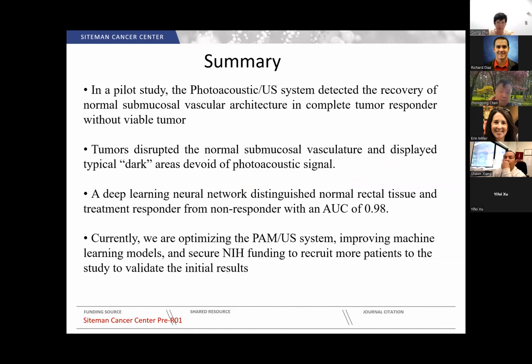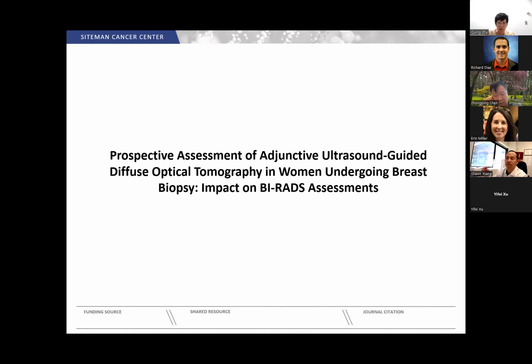So basically, we are very excited that this new tool, photoacoustic combined with ultrasound and neural net, will be able to provide a real-time assessment tool for surgeons. And certainly we have more work to do to validate the data and fine-tune the neural net, and also to try to get NIH funding to support a larger scale of this work.